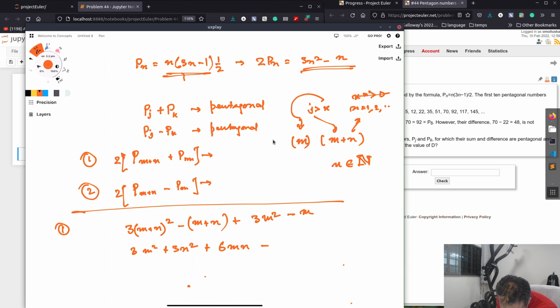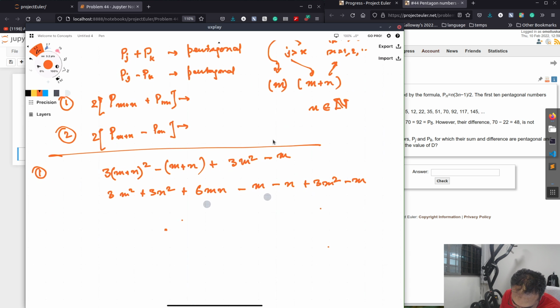This should be m plus n. So minus m minus n plus 3m square minus m. Okay, so that's the entirety of it.